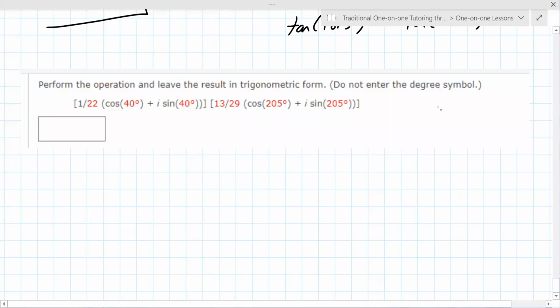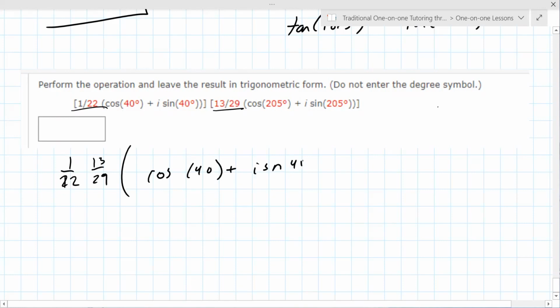I'm tempted to just tell you to FOIL, though I feel like I might be missing something. The 13 over 29 and this 1 over 22, I think you can just put off to the side for the moment. And so it's cosine 40 plus i sine 40.